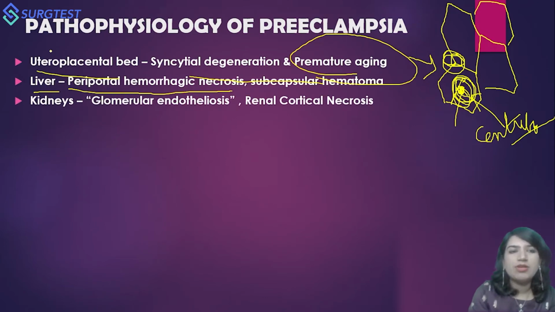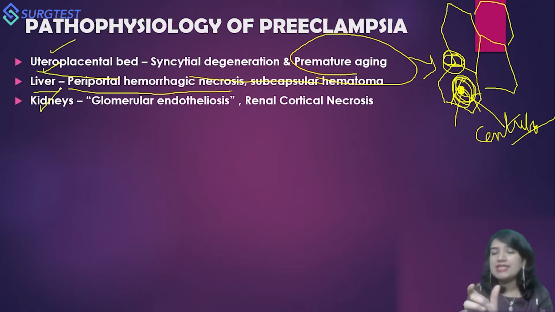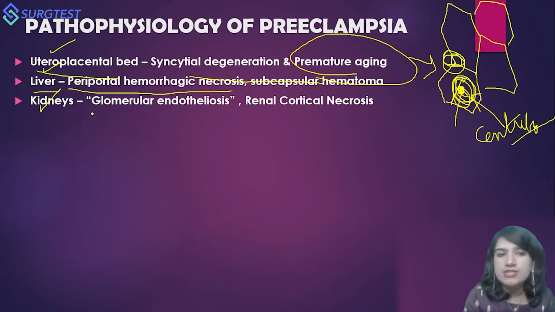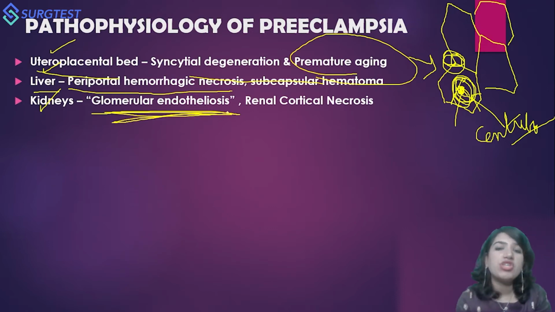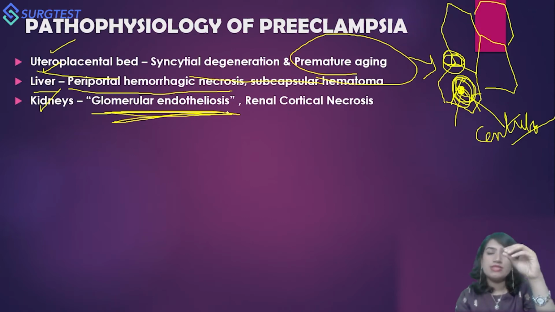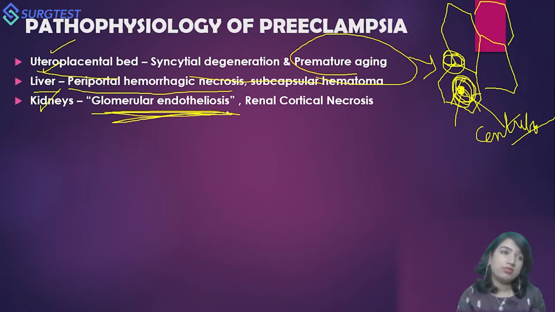After discussing the uteroplacental bed and the liver, next come the kidneys. What is the classic or hallmark lesion of preeclampsia as far as the kidneys are concerned? It is glomerular endotheliosis. Basically, it's like an MPGN, a membranoproliferative glomerulonephritis, where a soluble hyaline substance is deposited in the capillaries, affecting renal filtration and resulting in increased serum creatinine levels and decreased GFR in pregnancy.